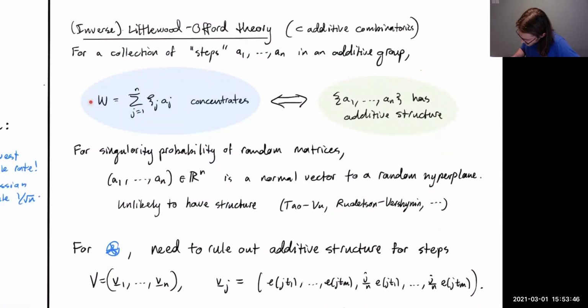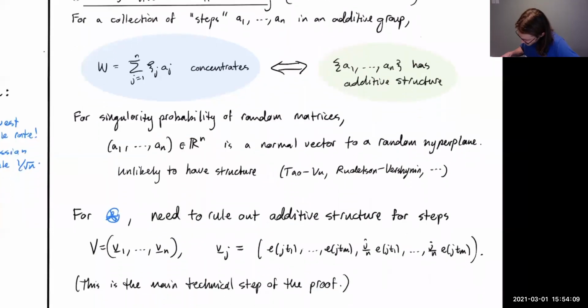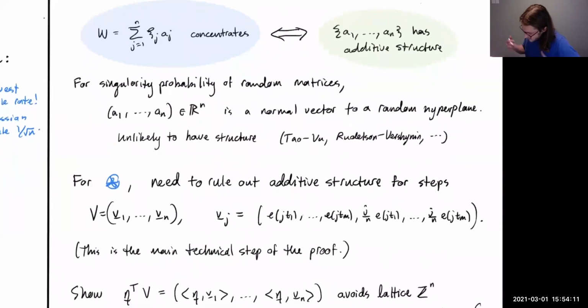The punchline of this theory is that random walks like this, where the steps come from some additive group, here vectors, will concentrate too much. You'll have a poor small ball estimate if and only if there's some additive structure among the coefficients. So it's like you're walking around on a box of low dimension, or a projection of a box. This generalized arithmetic progression is just a projection of a box.